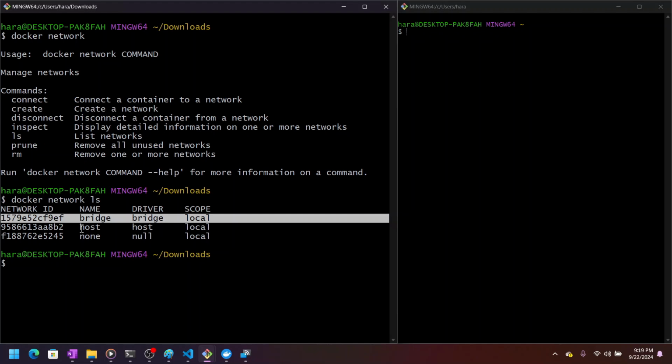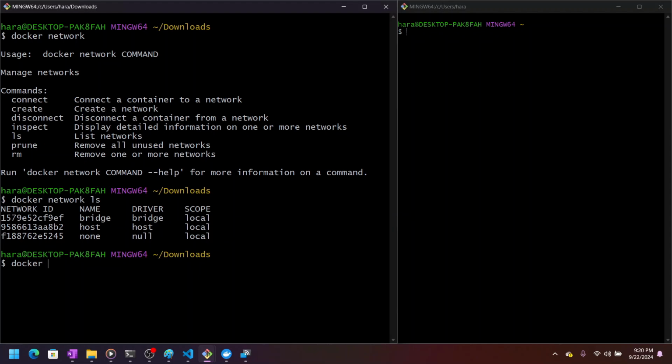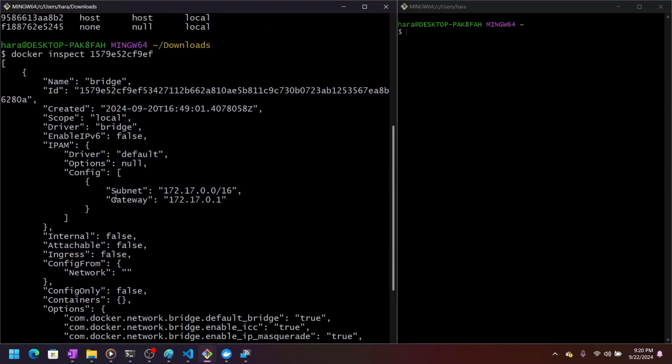Before that, let's inspect this with docker inspect. You can see this is the subnet, 172.17.0.0, and all the new containers will get an IP from here only.